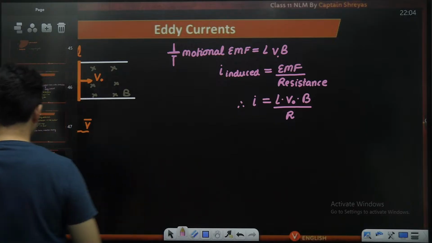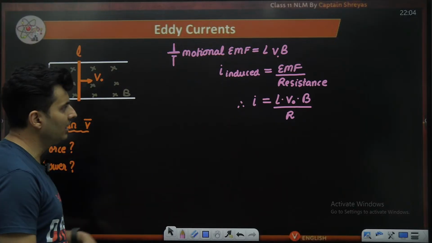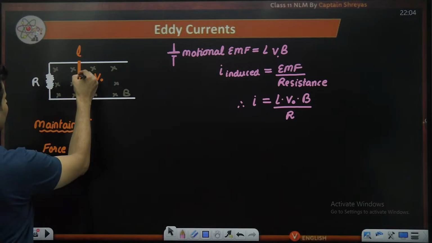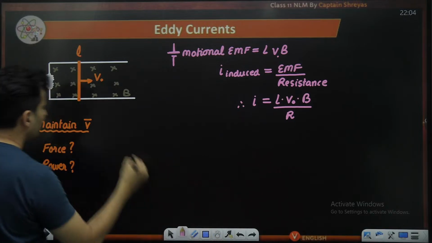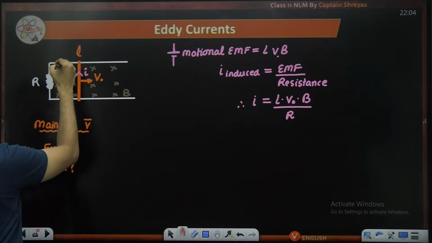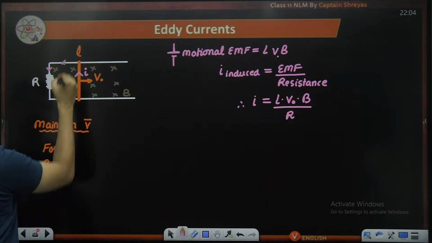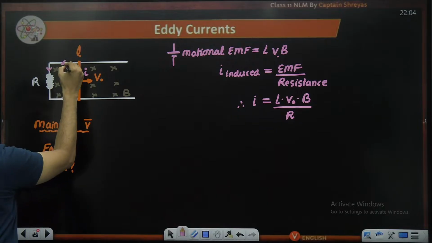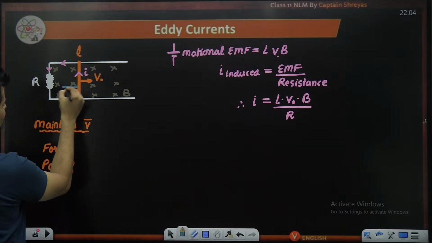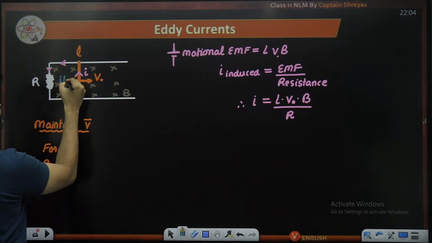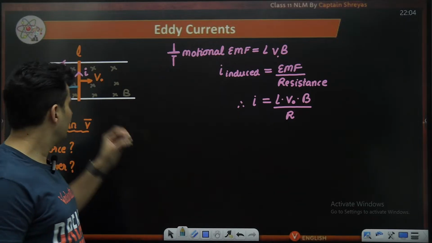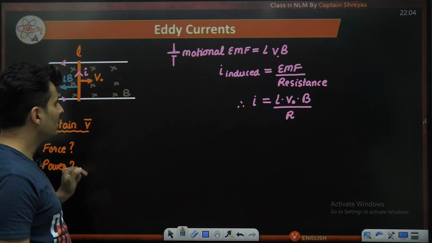Okay. Now comes the interesting part. This current which will be created, I think most likely it will be like this. It will go like this, and like this. It will experience a force of ILB. This ILB force, because of a current carrying wire, will always be experienced.